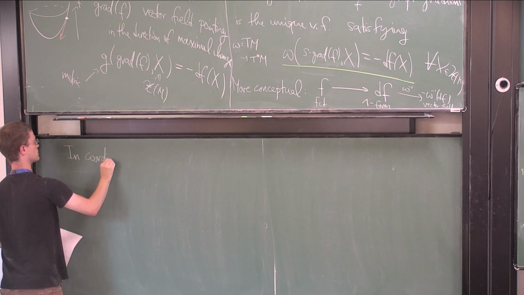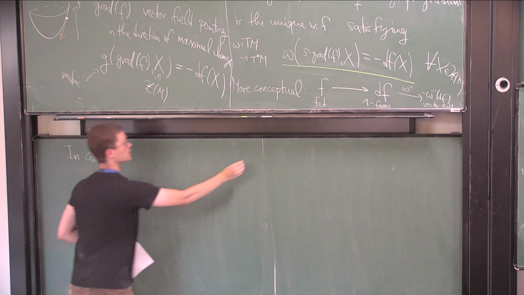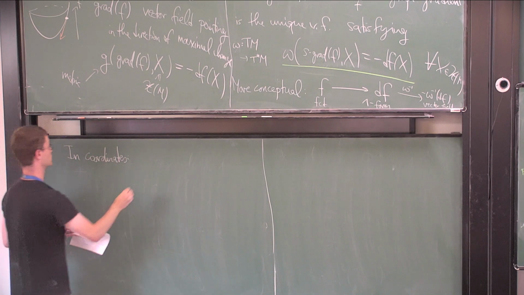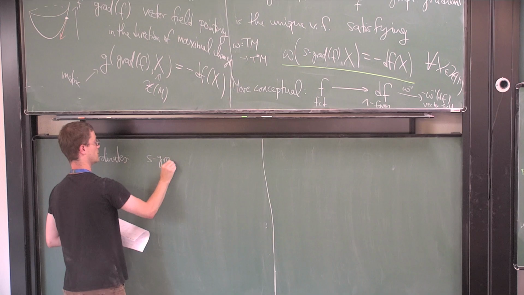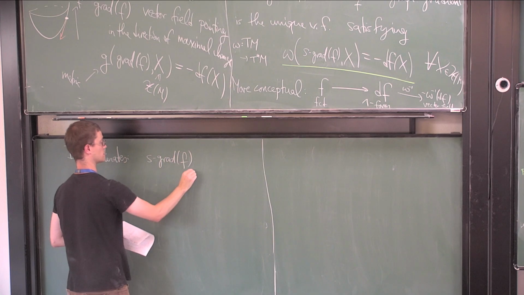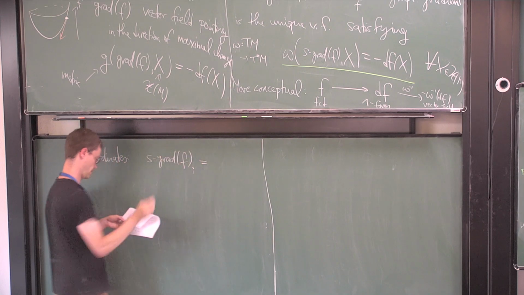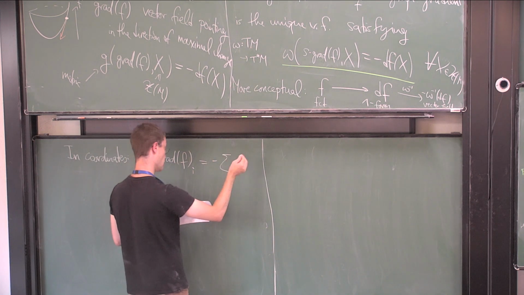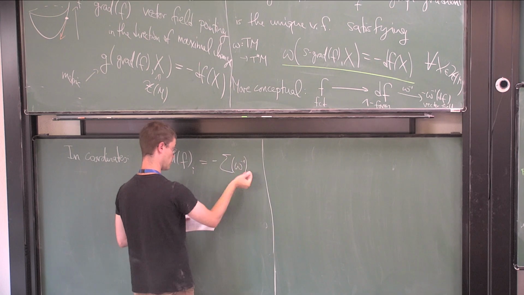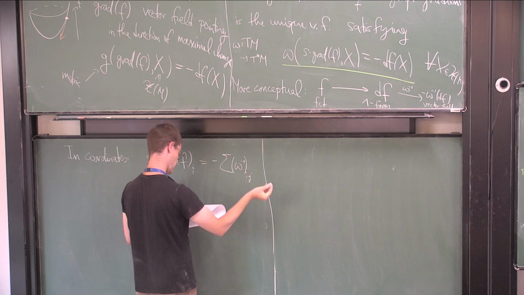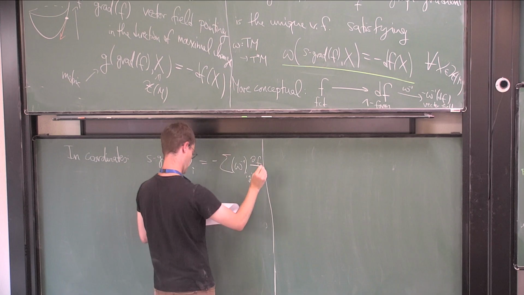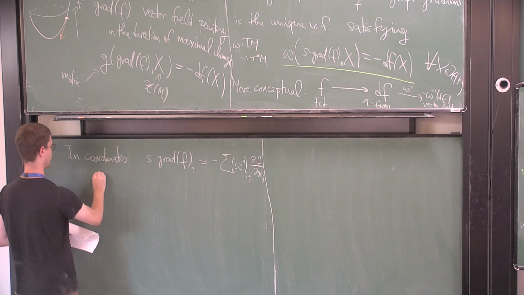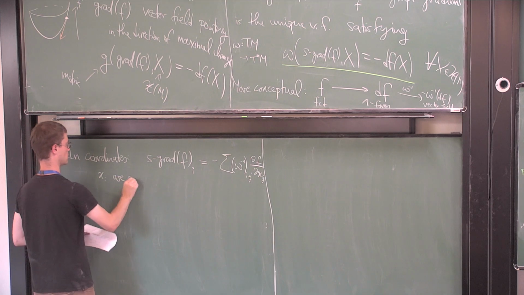The symplectic gradient of F is some vector field, so it has an i-th component. The i-th component is minus omega inverse, now I see it as a matrix, times dx, where x_i are coordinates.